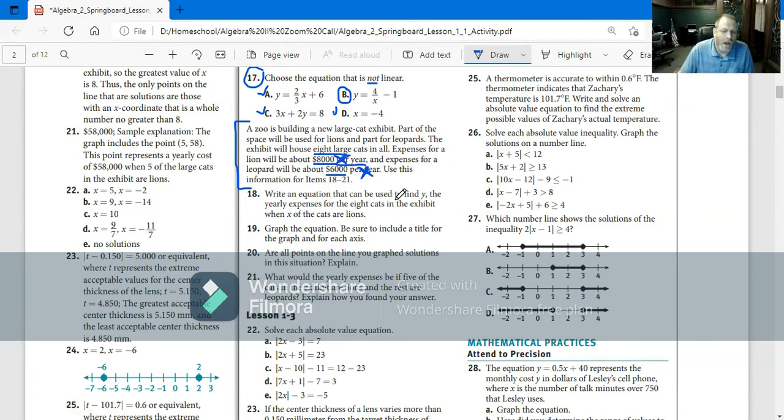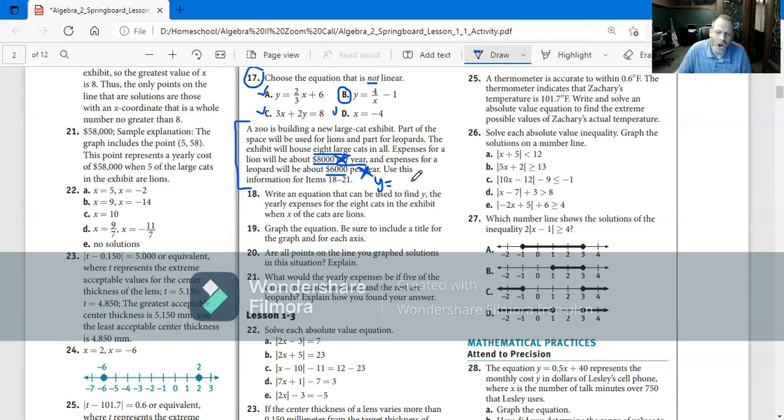Okay, so items 18 through 21. Write an equation that can be used to find y. Y equals the yearly expenses for 8 cats in the exhibit when x of the cats are lions.